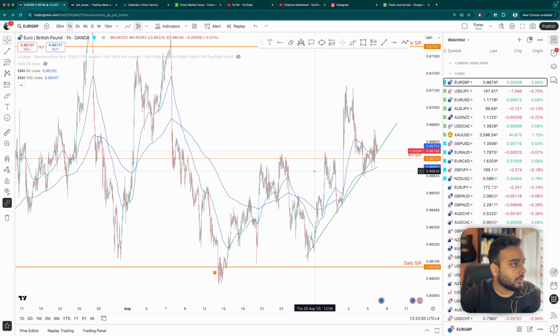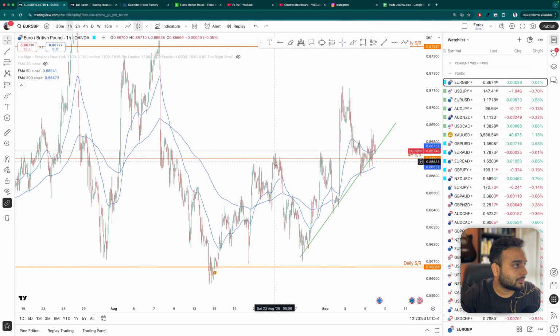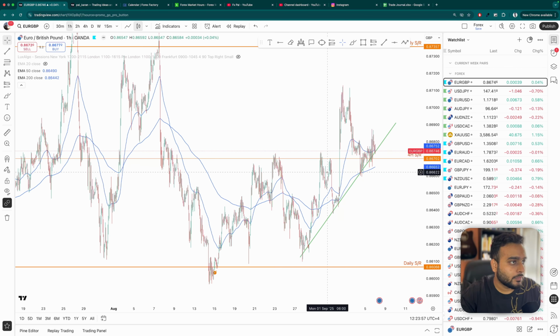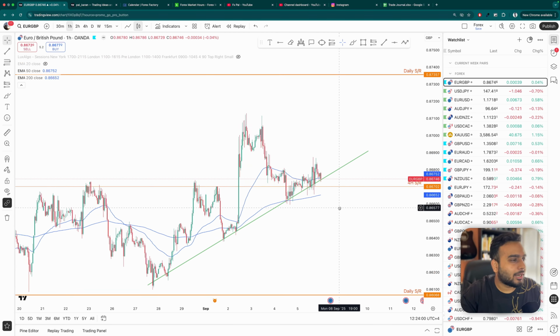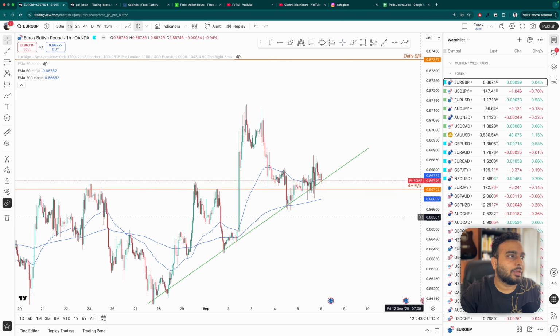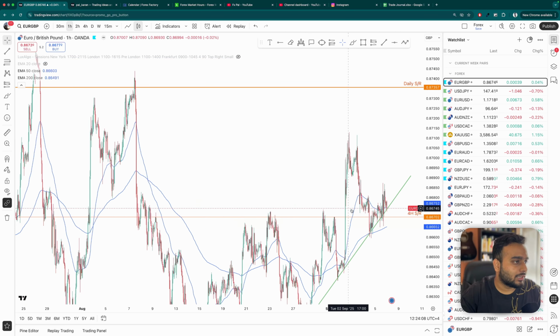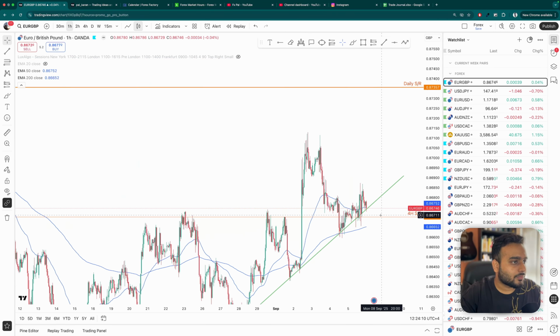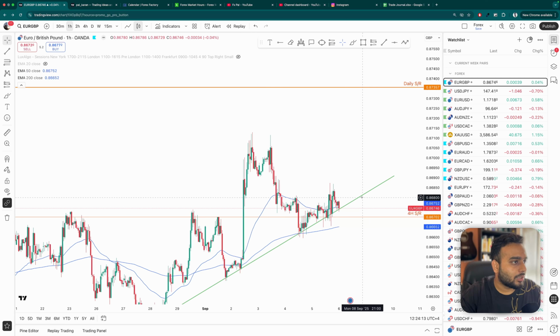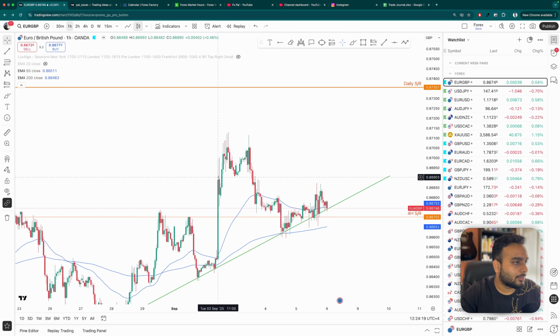Okay, so we have some key levels right here, which the price has already hit. This trade might come in very early on Monday, maybe before the London session. What we want the price to do right here is give us an engulfing or break this recent high on the 1 hour time frame.